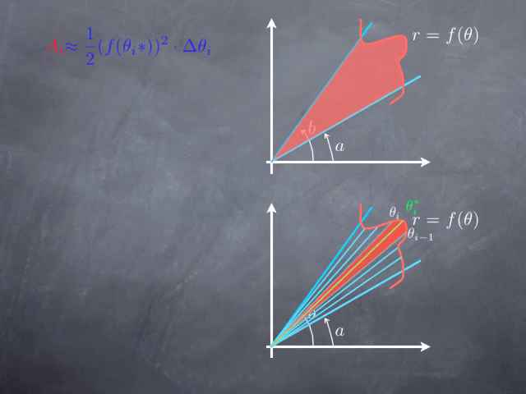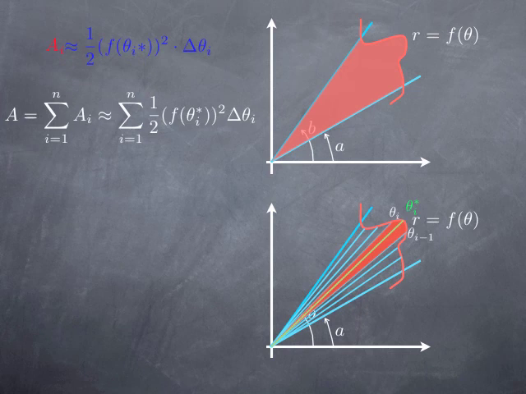So now, if we do that for each one of the subintervals, we obtain that A is the sum of these areas of these individual sectors, and each one of them is approximated by the area of a circular sector that is given by 1/2 f of theta i star squared times delta theta i, where this delta theta i is the span of the interval from theta i minus 1 to theta i.